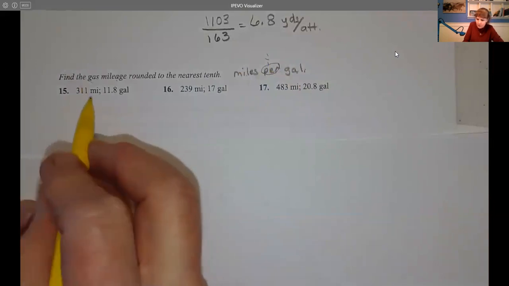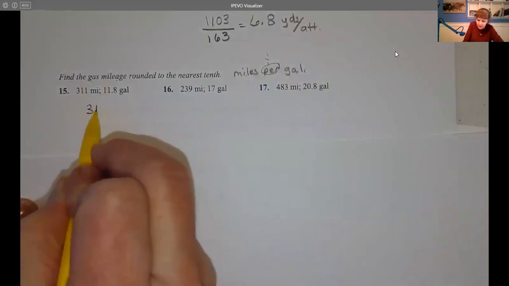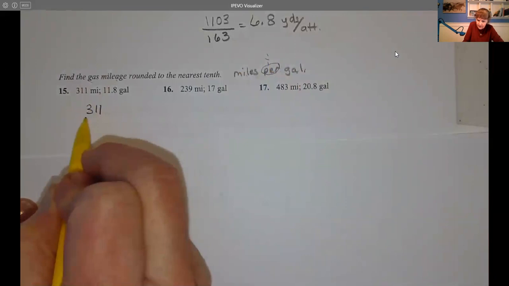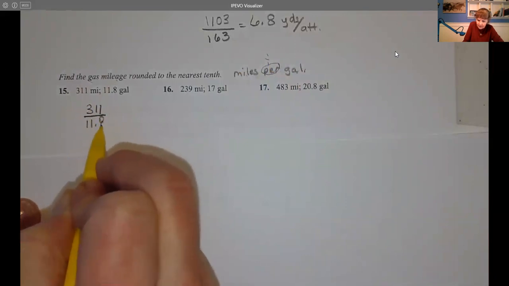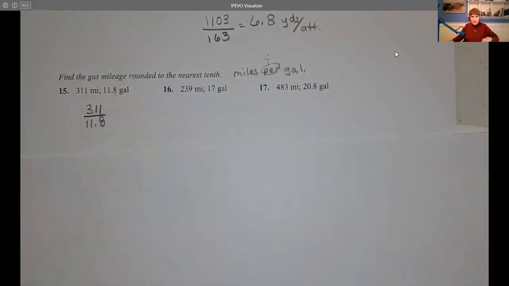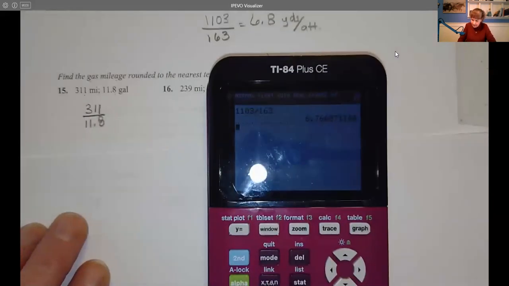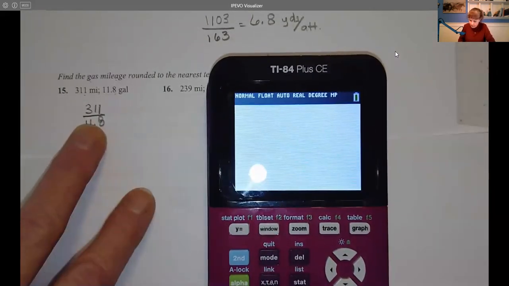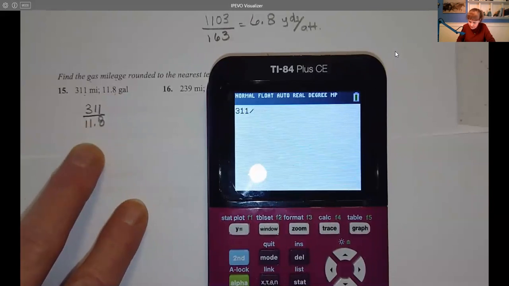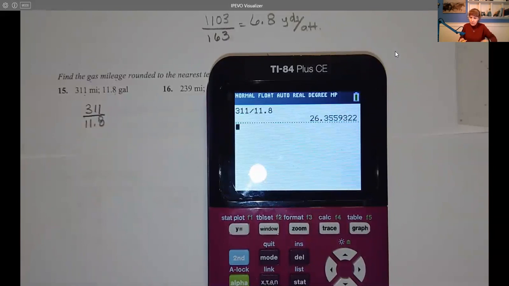So we'll just probably do one of these. 311 divided by 11.8. The miles divided by the gallons. Obviously, you don't want to make this harder than it is. So I'll take 311 divided by 11.8. And again, looks like we're going to be doing some rounding.